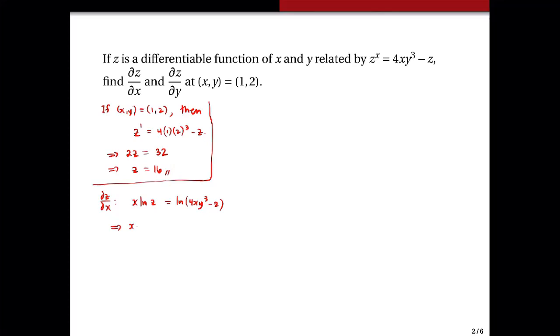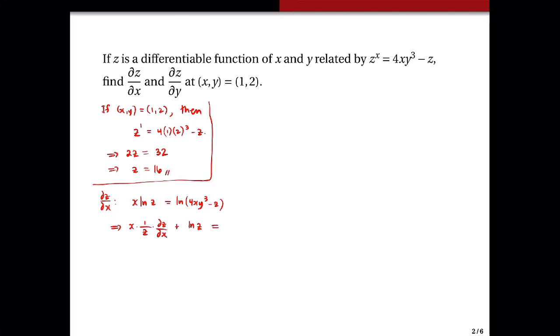Here we will have 1 over z times the partial derivative of z with respect to x. That's left times derivative of right, plus right, which is just ln of z, times the derivative of x with respect to x, and that's just 1. So this is the left-hand side.